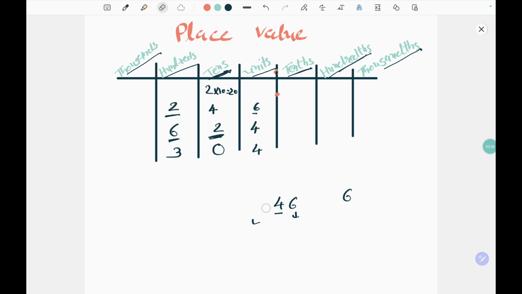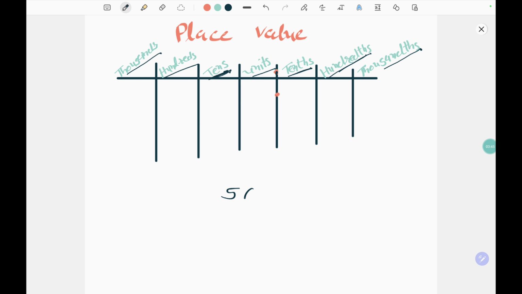Let me rub it out. Now let's take a little bigger number, 5672. As you know, 5 is at the thousands place, because 5 times 1000 equals 5000. So 5 is 5000.